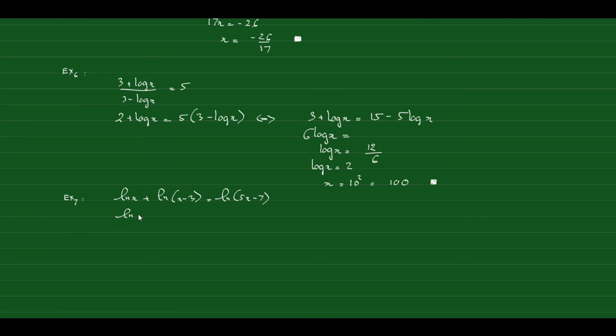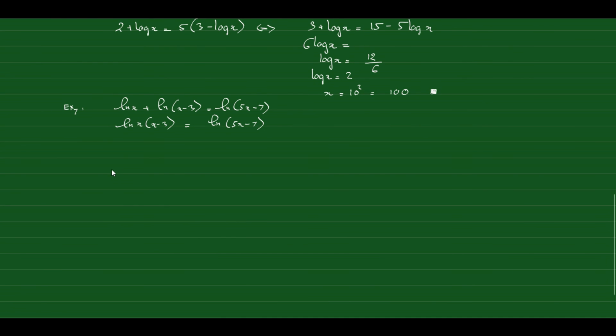So I have ln of x times x minus 3 equal to ln of 5x minus 7. And because we are using the second method, actually you can use the equivalence property here and set this equal to that. But because I use the log principle, I'm going to go ahead and subtract both sides by ln of 5x minus 7. So I have this minus this, then I set it equal to 0.